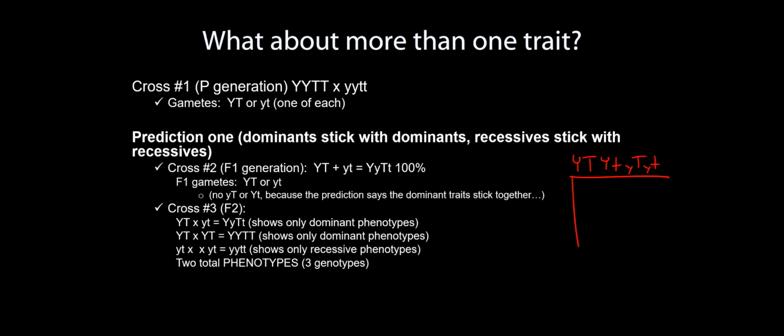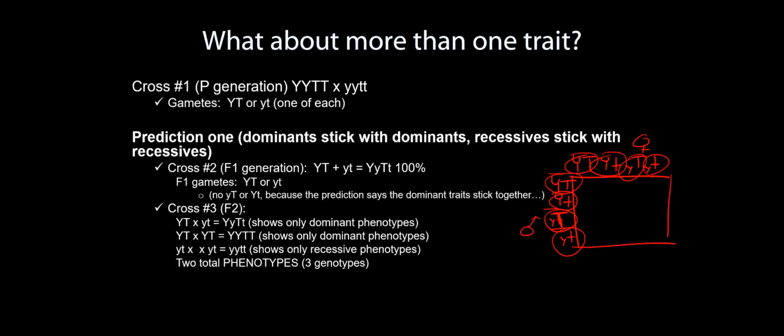And we cross that with capital Y, capital T, capital Y, lowercase t, lowercase y, capital T, lowercase y, lowercase t. Okay, so just to clarify, these are the female gametes, and there's 1, 2, 3, 4 types. And then for the male, 1, 2, 3, 4 types, and they're all the same. Okay, there's the male, there's the female.